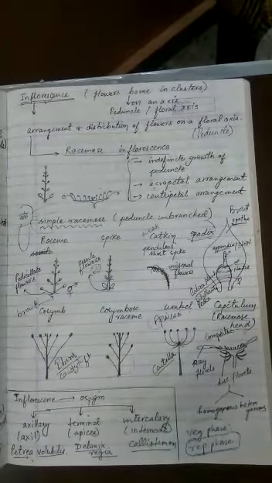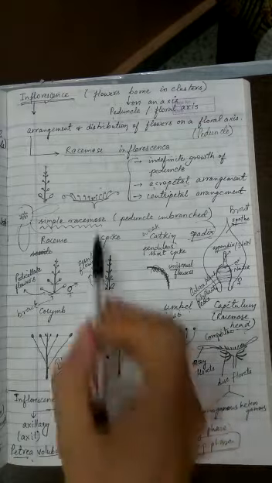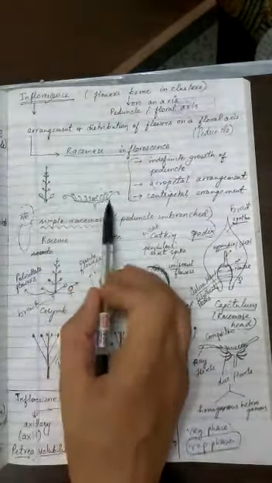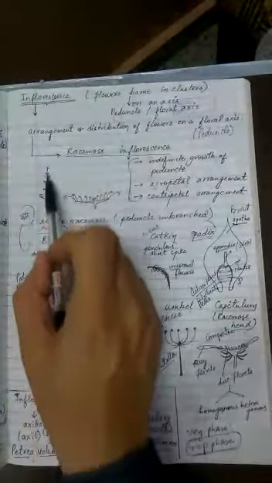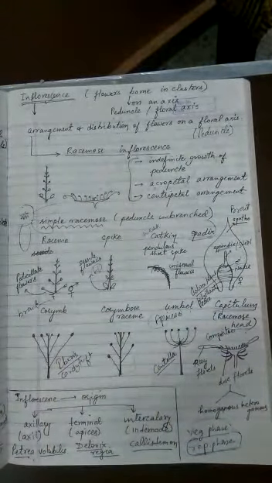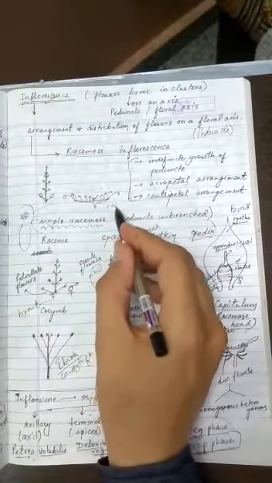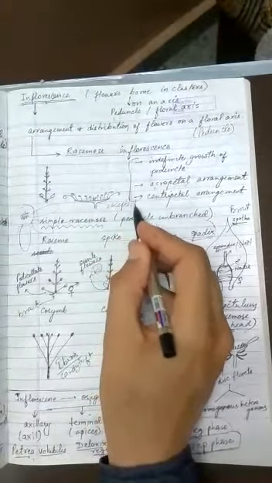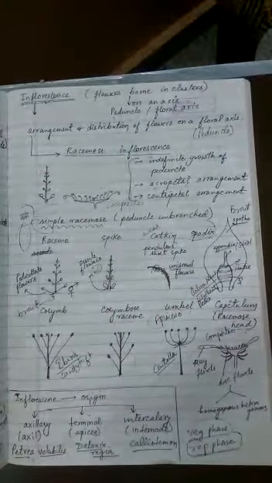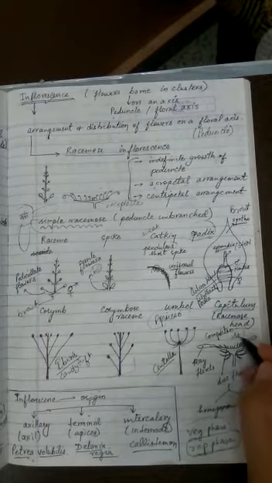What happens in the capitulum is the peduncle is modified into a disc. So it grows in the form of a disc, a horizontal growth instead of vertical growth. Now this whole structure is called the receptacle. On this receptacle there are flowers which are borne, and remember these flowers are sessile.